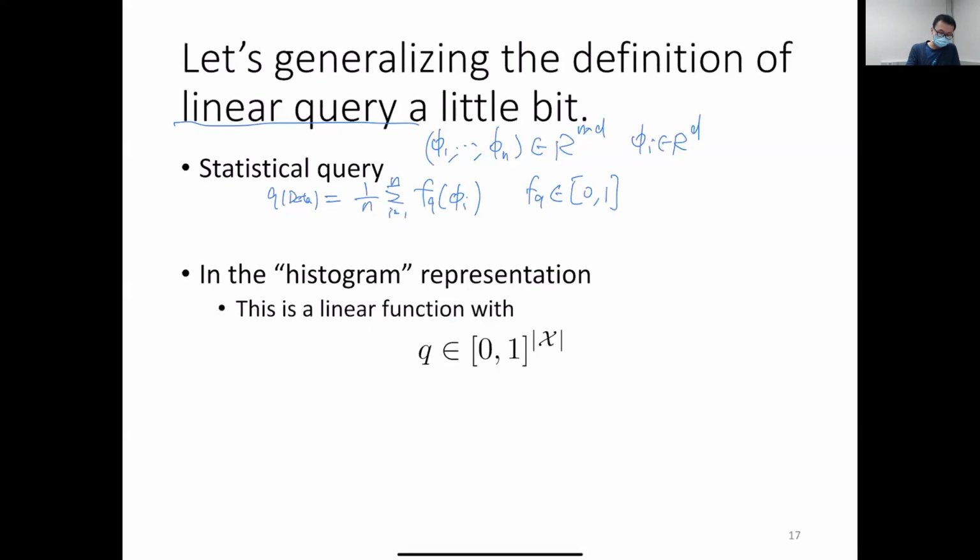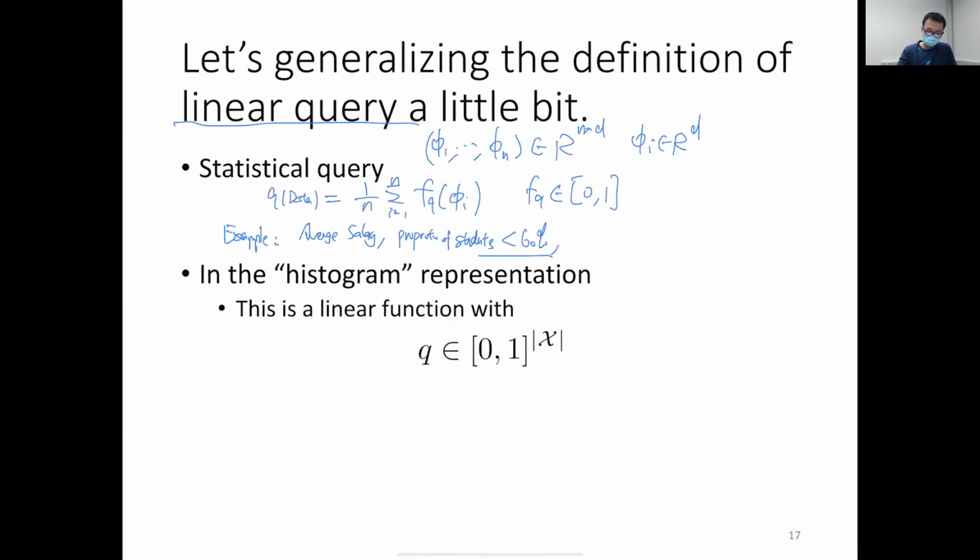Okay, so a few examples of this. Let's say the average salary. This is a statistical query. Let's say the proportion of students who failed the class in terms of its evaluation, that's a statistical query.